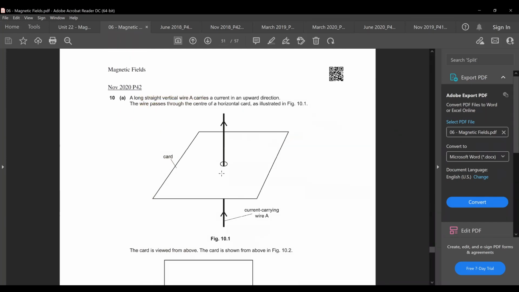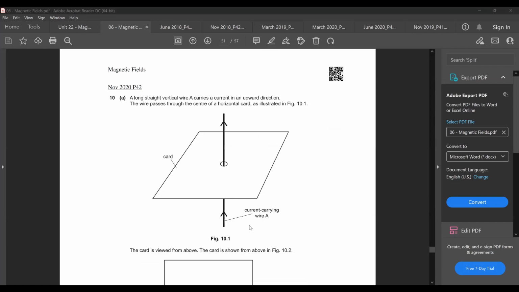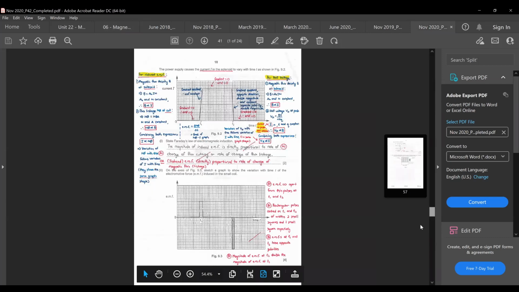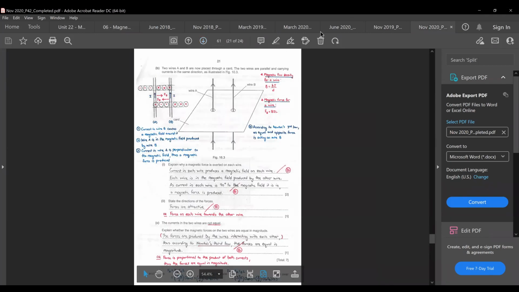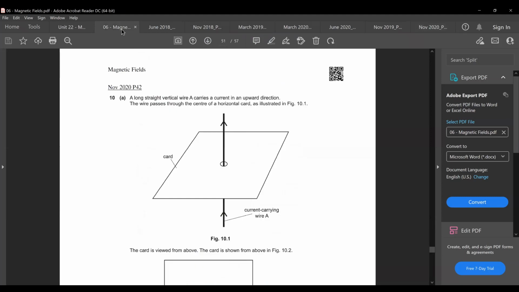Last time in the previous years, they didn't really come out a lot, but in the recent years, they've been coming out quite a lot. So parallel wires is something that you might want to make sure that you are familiar with. Okay, right. So have a look at this one. This one will be page 51. Okay, so have a look at page 51.